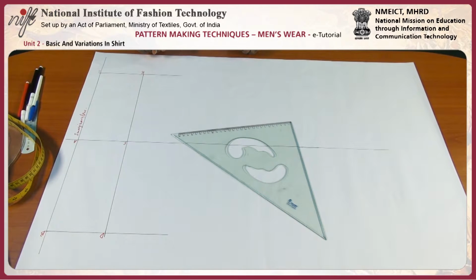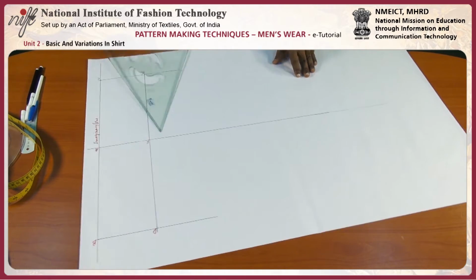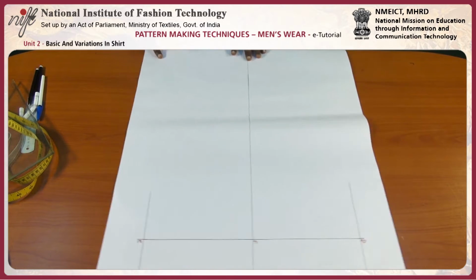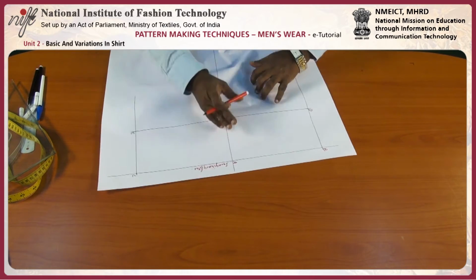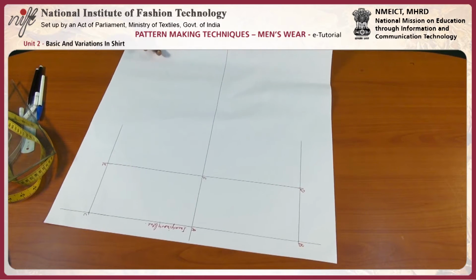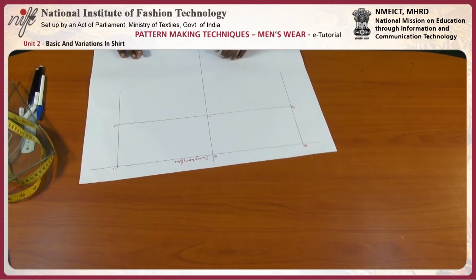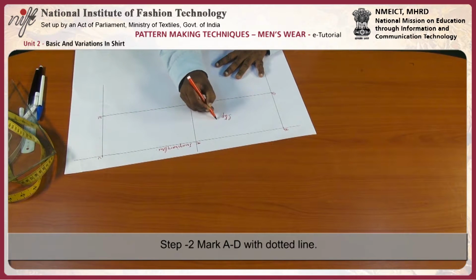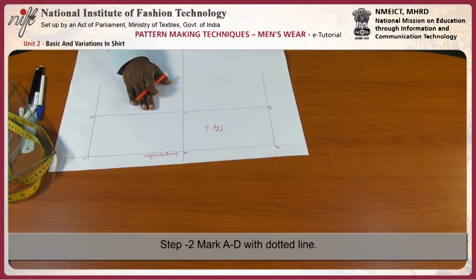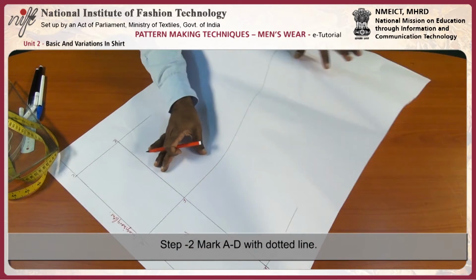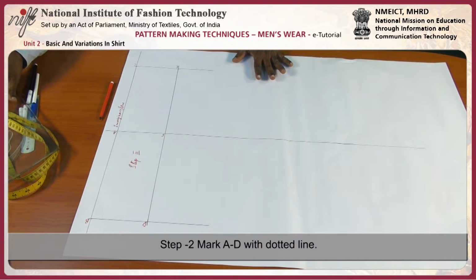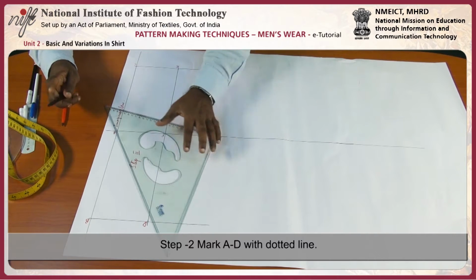Now let us proceed to step 2 from step 1. Join AD with a dotted line.